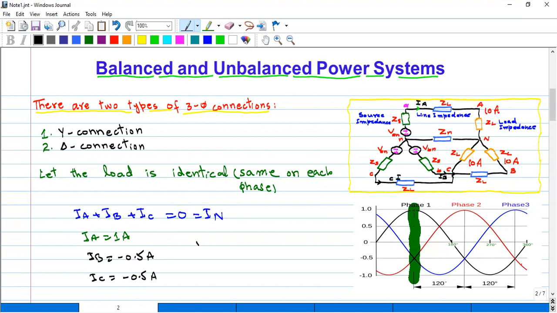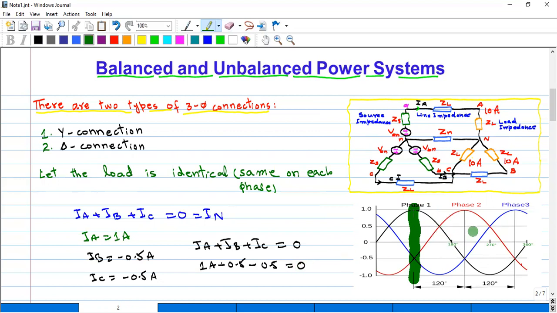So the sum IA plus IB plus IC is equal to 0. It means in case of identical loads, the sum of all the currents at every instant will be equal to 0.